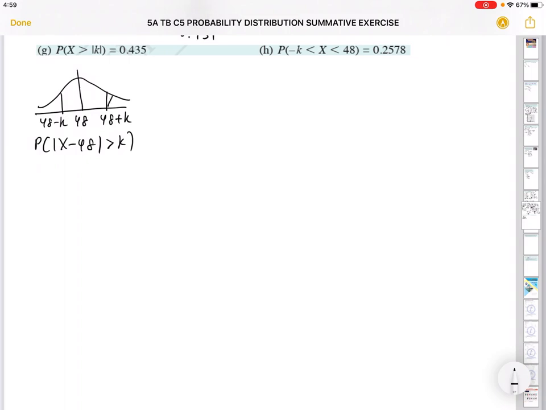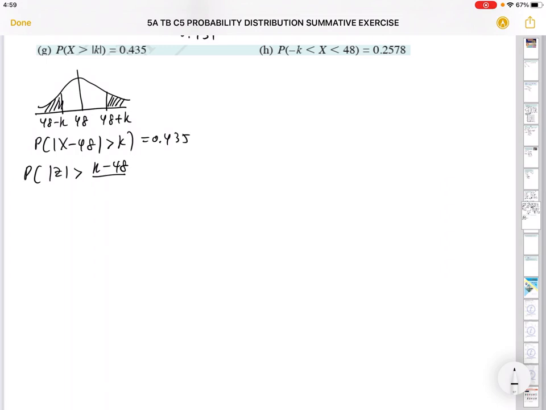So when you standardize this 0.435, we take modulus z now, right? Because this is going to be, when you minus 48, k minus 48 divided by your standard deviation 12.